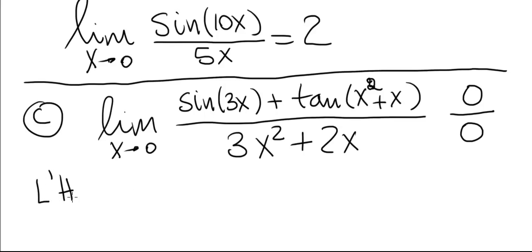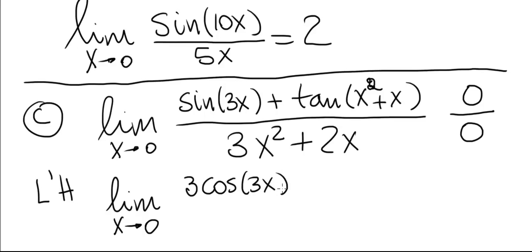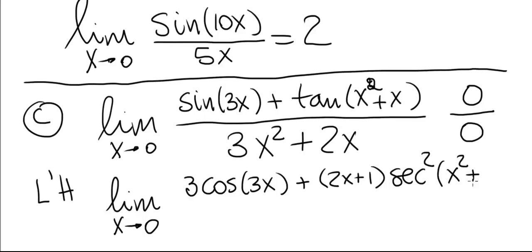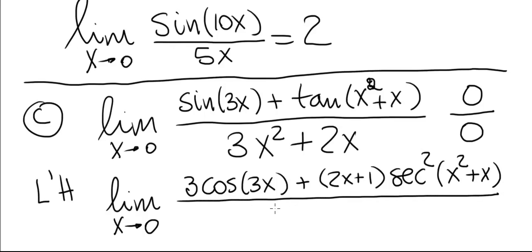So we can apply L'Hopital's rule and evaluate the limit as x approaches 0. The derivative of the numerator is 3 times cosine of 3x plus 2x plus 1 times secant squared of x squared plus x. And in the denominator, we get 6x plus 2.